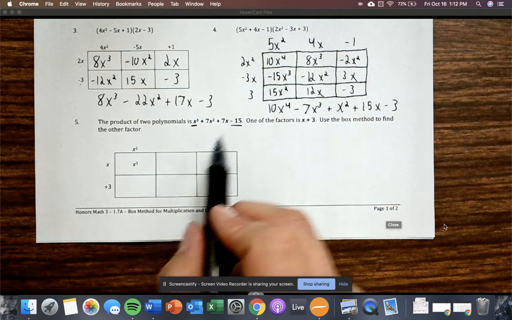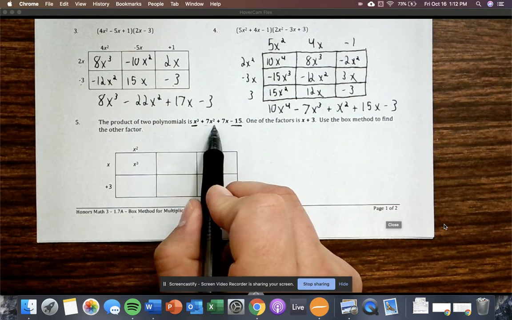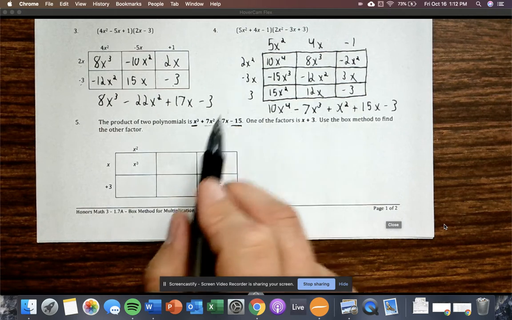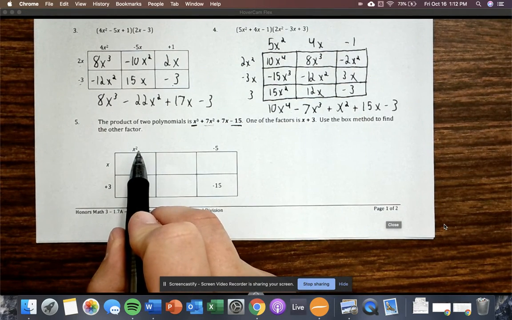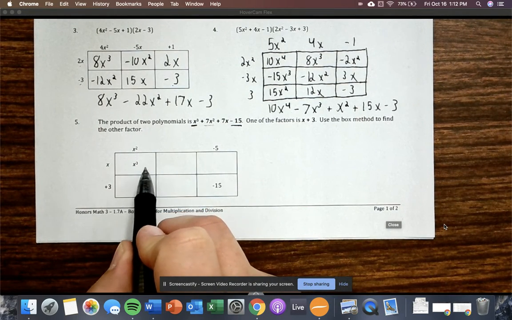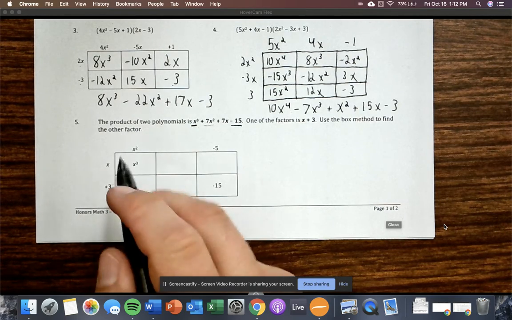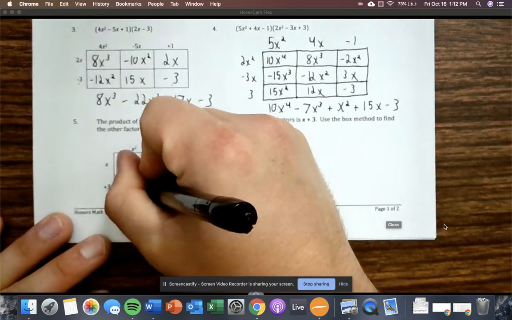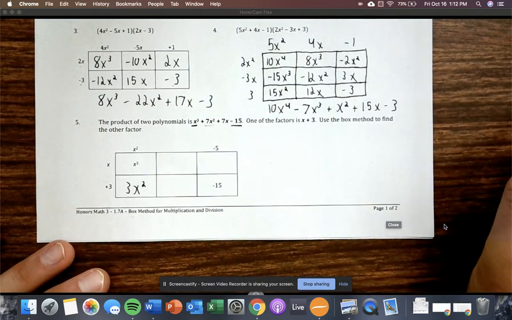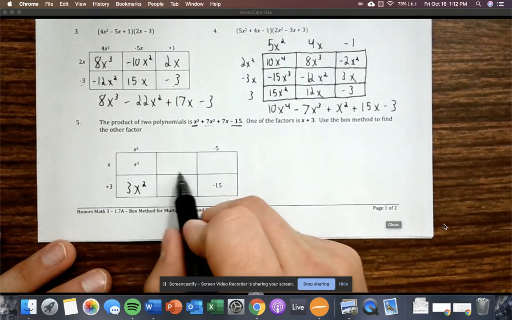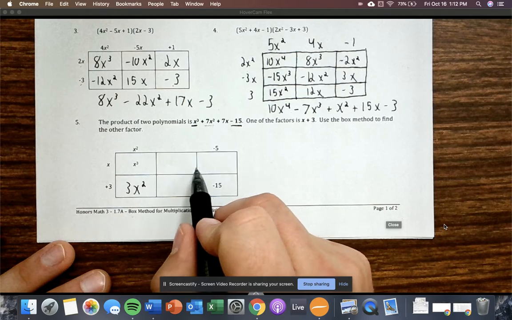Right, then we know, okay, well, what about this 7x squared? Since we already determined that this is x squared, given that this is x cubed, we can multiply 3 times x squared, and we'll get 3x squared. Now we know this box right here has to be our like terms.